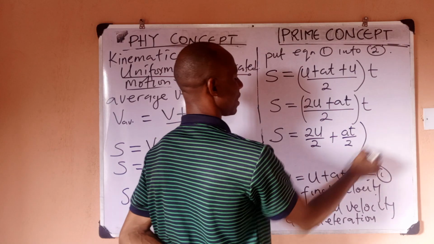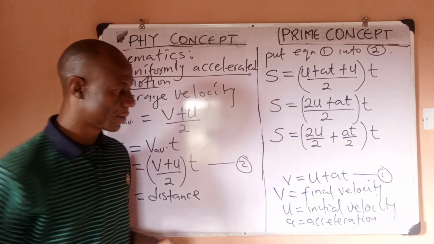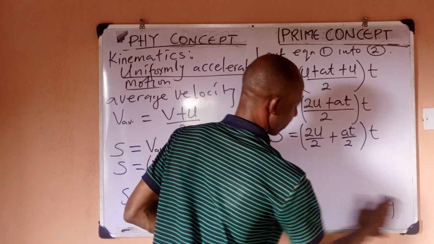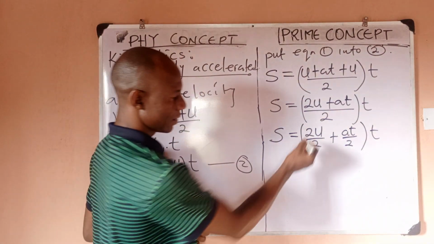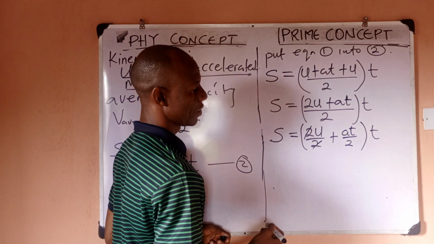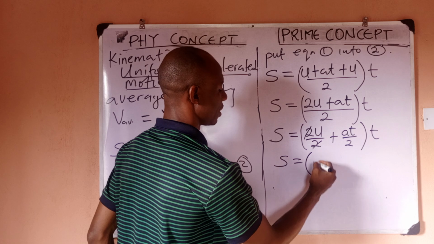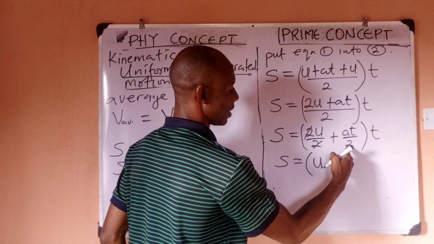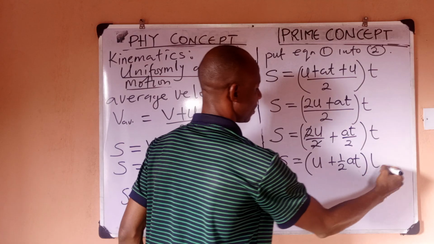I can split this, then I still have my time outside, so that when I operate on this 2, you can clearly see we can cancel this. So I'll have s is equal to what now? u plus, this can be written as half at, then into t.